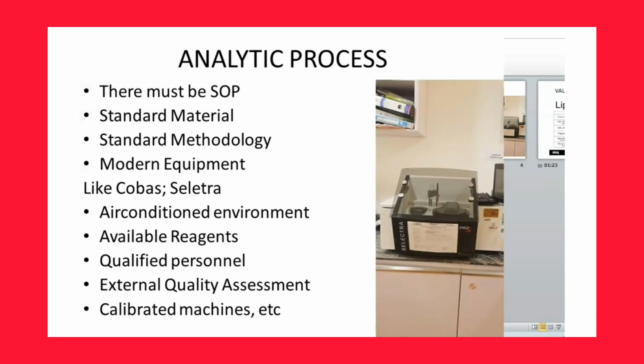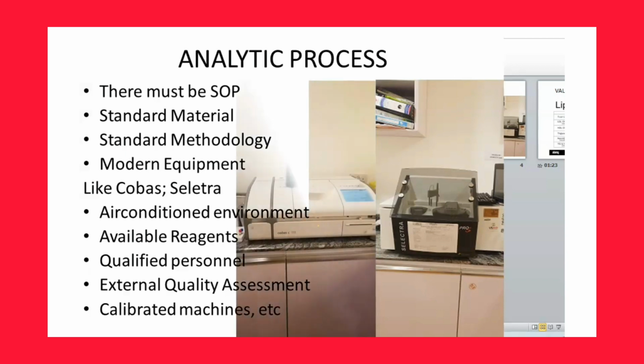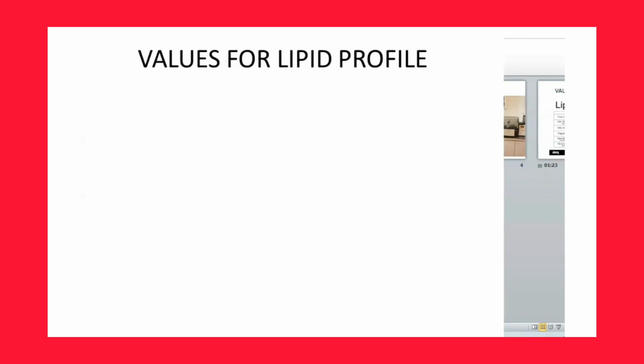This is the Selectra machine that I just talked about. You can see, and this is the Cobas 111, very original. That is one of the latest. I'm sure it can do almost virtually all the chemistry analysis, giving you good results.